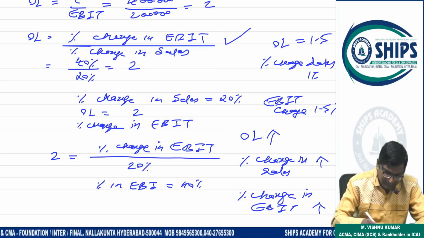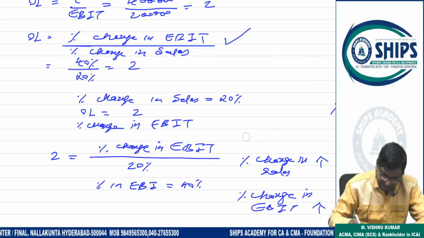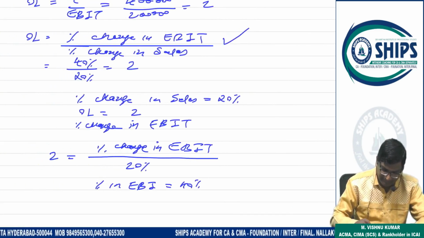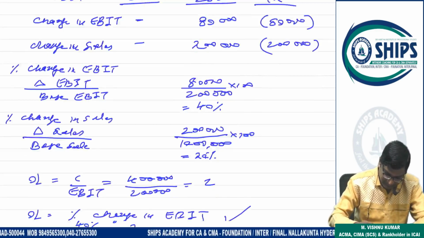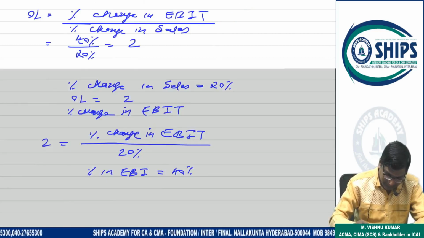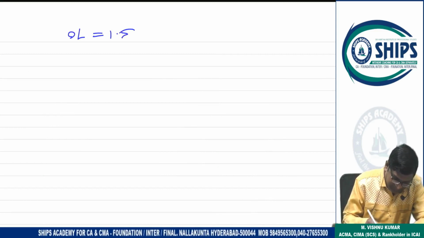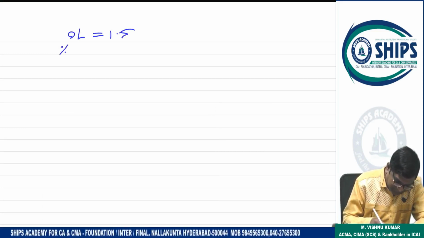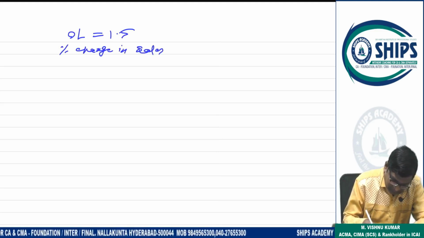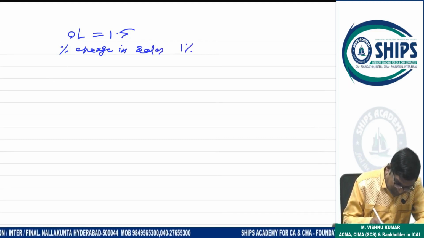Understand? I will repeat one more time. Look here. This is the last point. Suppose your operating leverage is 1.5. Okay? And percentage change in sales, this is 1%. How much is this? So what is the operating leverage formula?